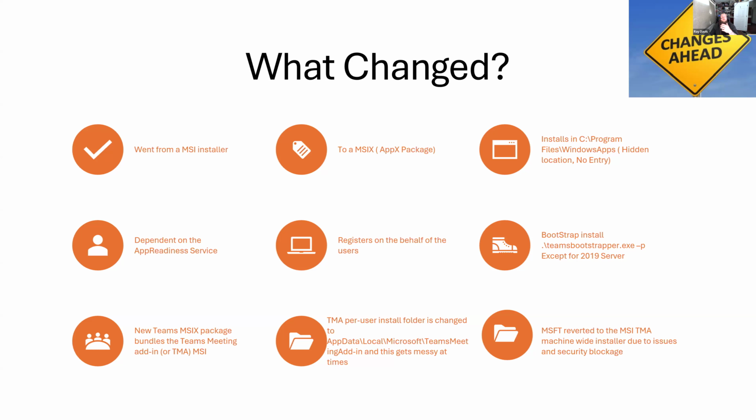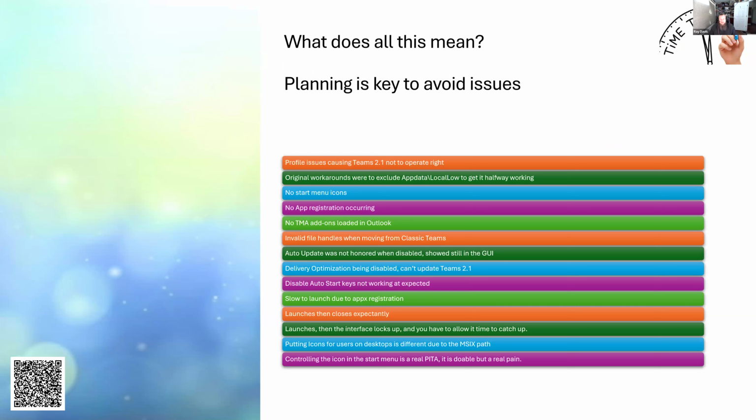So really, what does all this really mean? Like, okay, Teams has changed, it's different, it's MSIX. Okay, so what does this mean? Well, like I said, you've got to plan. You've got to understand your profile solution. You need to understand if you're using Citrix Profile Manager, if you're using FSLogix, or if you're using Profile Unity or another third-party profile solution.